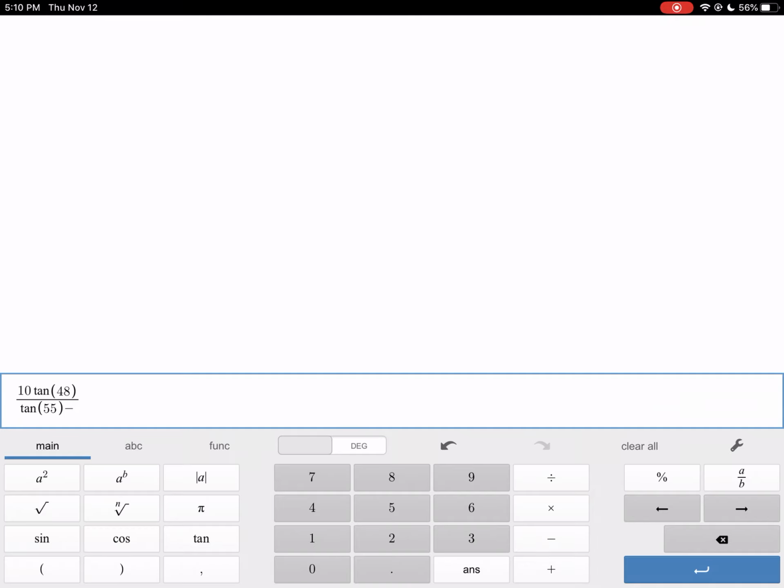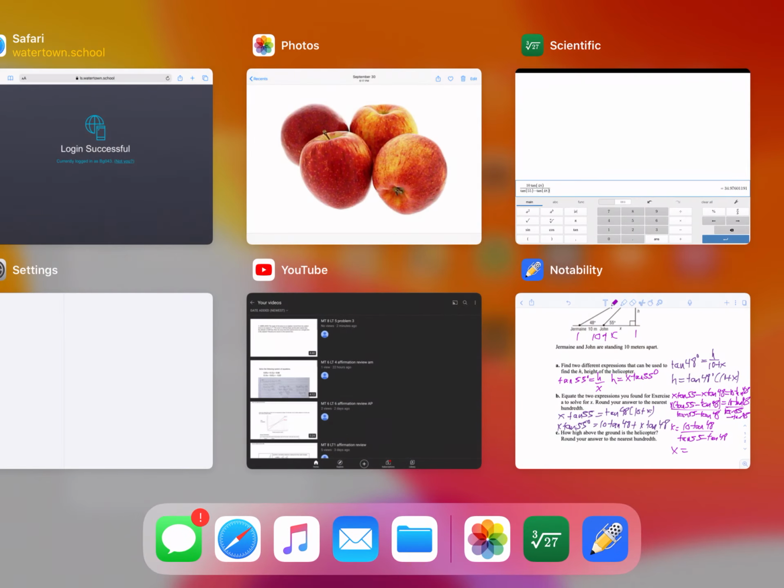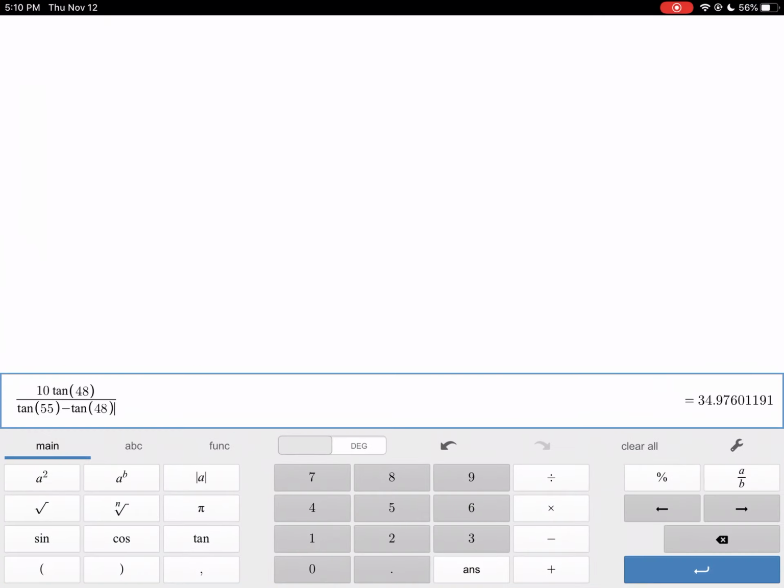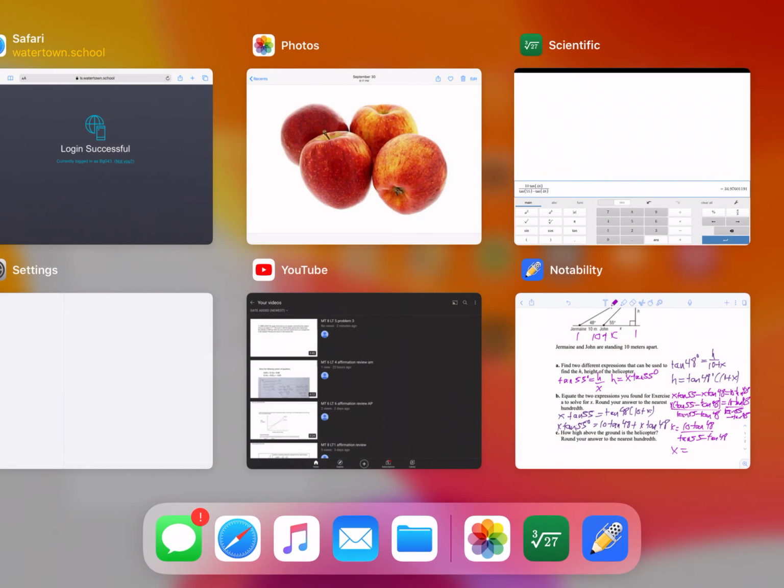Minus the tangent of 48. Make sure I type that in correctly. Yes. So then x, rounded to the nearest tenth, would be 35.0, because we round 34.97 up to 35.